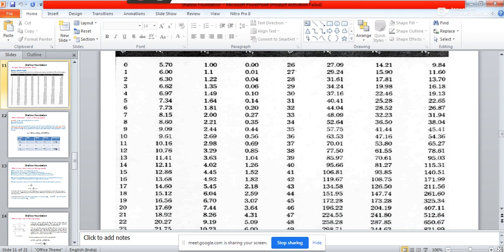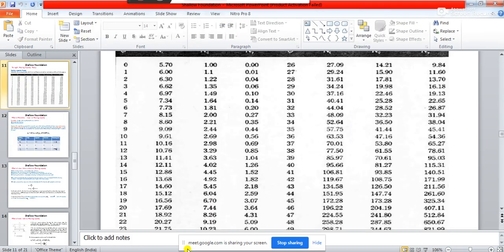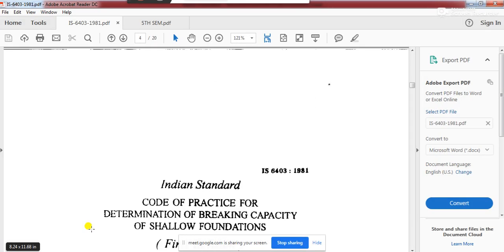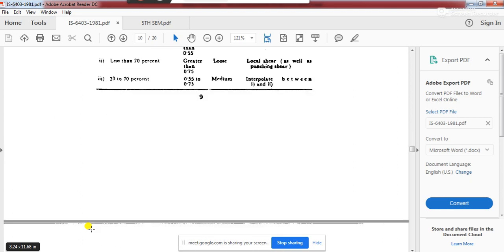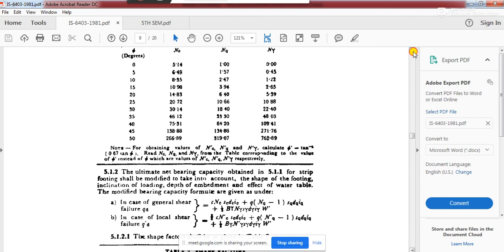See, the value of the mobilized angle of internal friction is 17 degree, and I told you that in the Indian Standard Code table, have you observed one thing? Values are not given for every 1 degree. It is given for every 5 degree. I will go and show you. If you remember table number 1, this table, you remember this table?